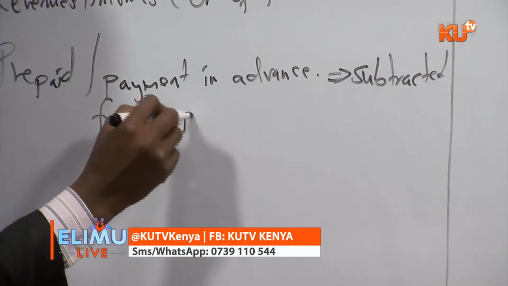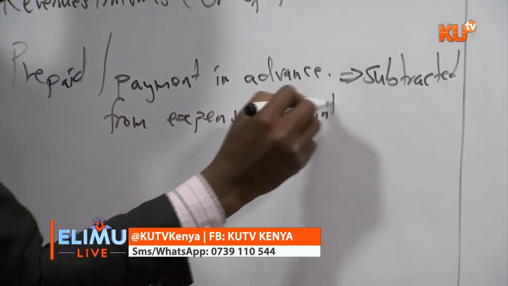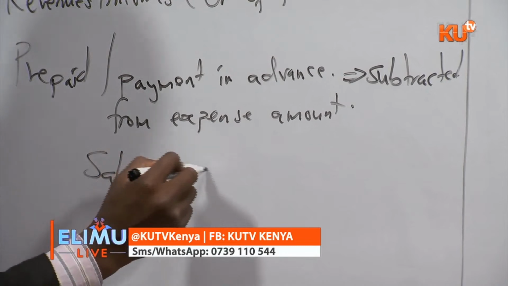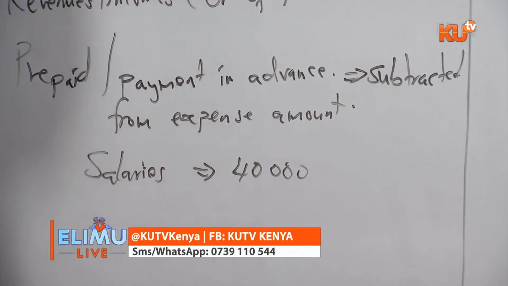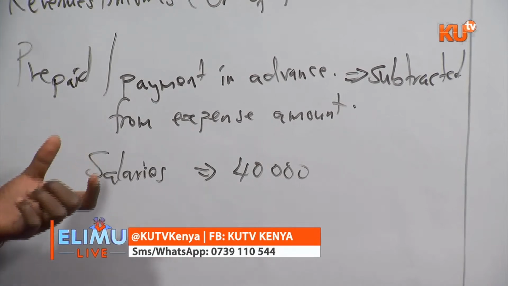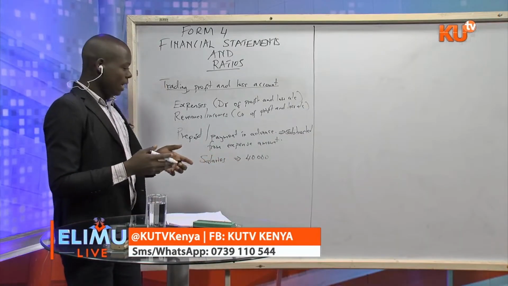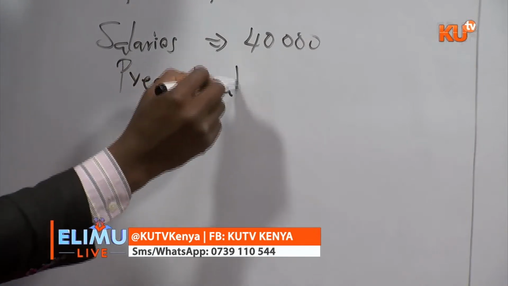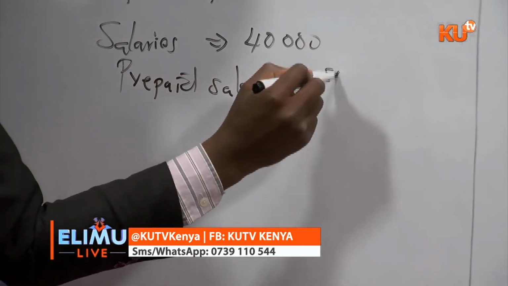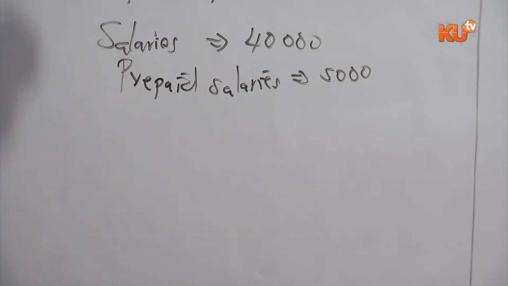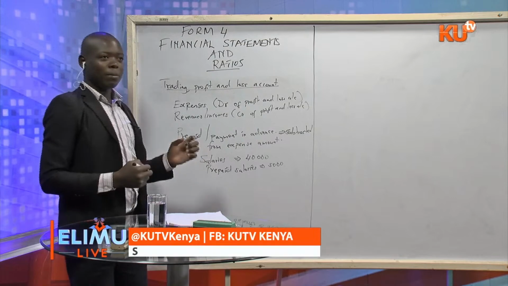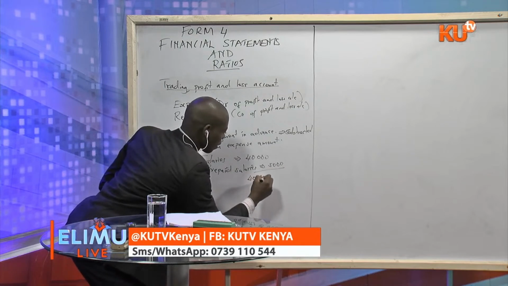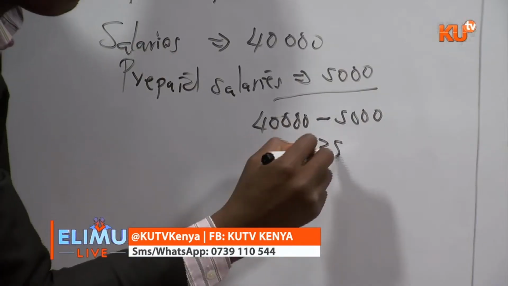If, for example, salaries as an expense had been given as 40,000 incurred within 1 year, and the business had made a prepayment, recorded as prepaid salaries of 5,000 shillings, then the actual figure for salaries captured in the profit and loss account will be 40,000 minus 5,000, which gives us 35,000.